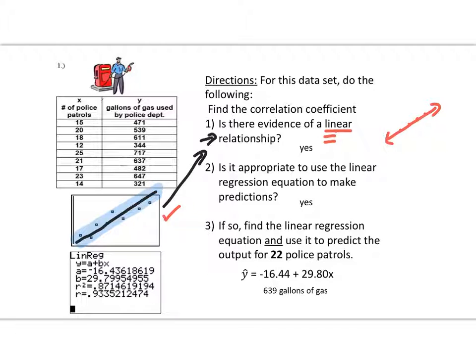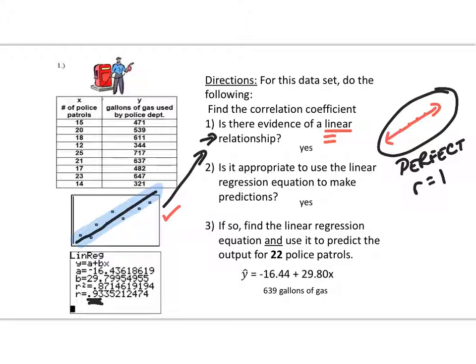If I look at r, if I had this situation over here where I actually drew a straight line through all of my dots, the perfect correlation, that would have an r of 1. So anything close to 1 is going to be very strong. Well, 0.93, think of these like test grades. 0.93, that would be an A. That's very strong. If I was in the 80s, that's still strong.